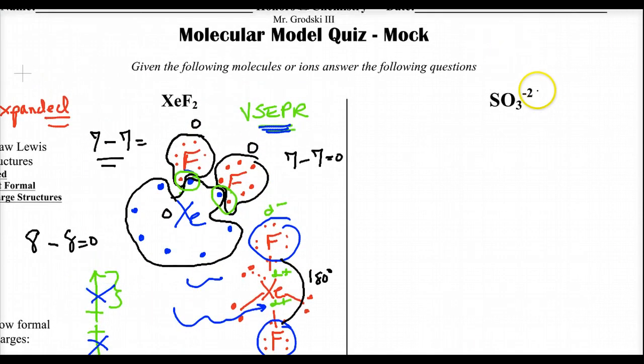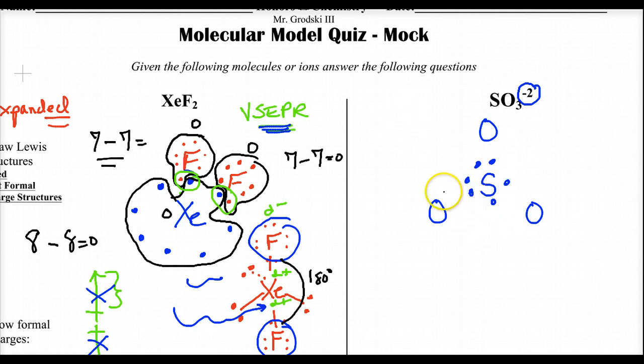SO3 2-. That -2 is screaming to me: add 2 electrons. So, trial and error. S, and I put 3 O's. I put out electrons. I have 1, 2, 3, 4, 5, 6 for the sulfur. And then I have 1, 2, 3, 4, 5, 6 for each of the oxygens.